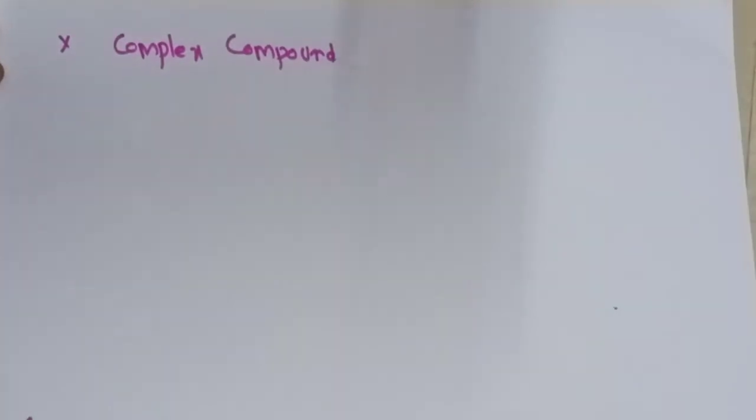We already discussed it: two salts in equimolar proportions, crystallization method. Carnallite, Mohr's salt, chrome alum, potash alum are examples of double salt.